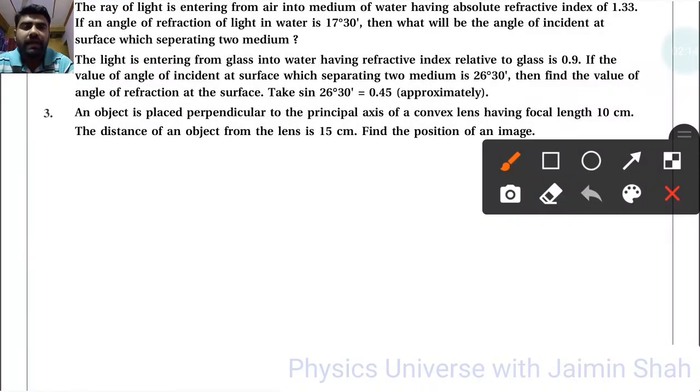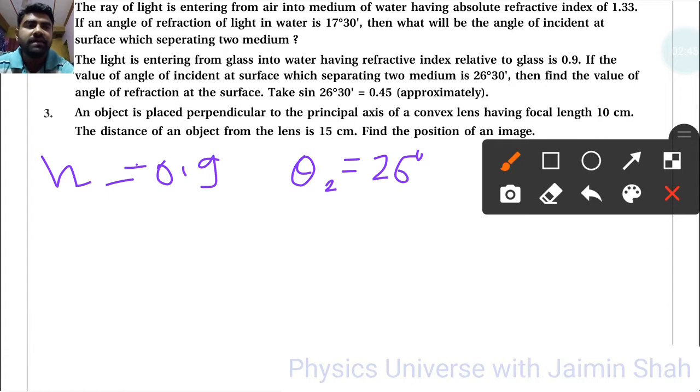Now second question: the light is entering from glass into water, having refractive index relative to glass 0.9. So it is the relative refractive index. If the angle of incidence at the surface separating the two media is 26 degree 30 minute, then find the angle of refraction at the surface.